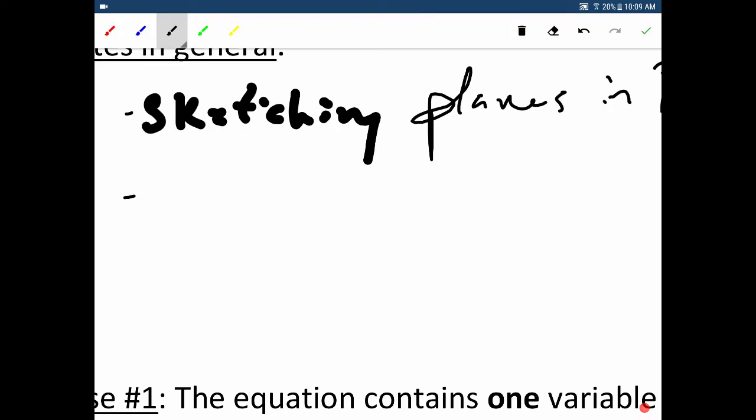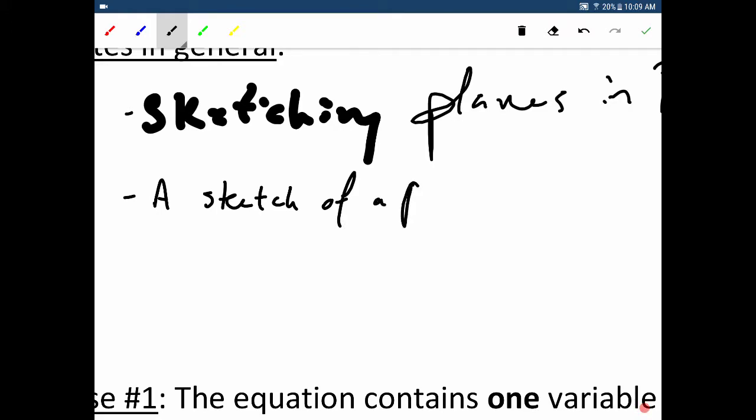So anyway, a sketch of a plane in R3. I'm not sure if I'm spelling sketch right. No, it is. It just looks like a weird word. Okay, a sketch of a plane in R3.